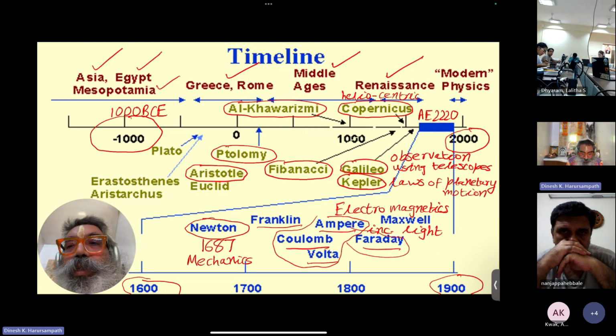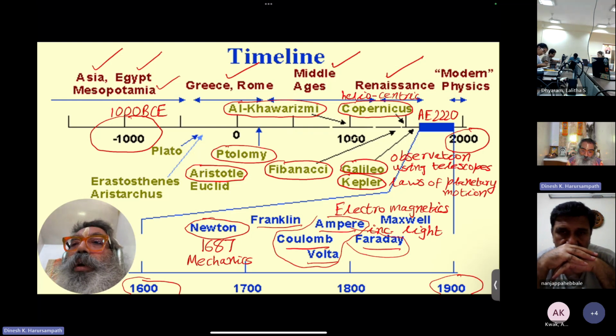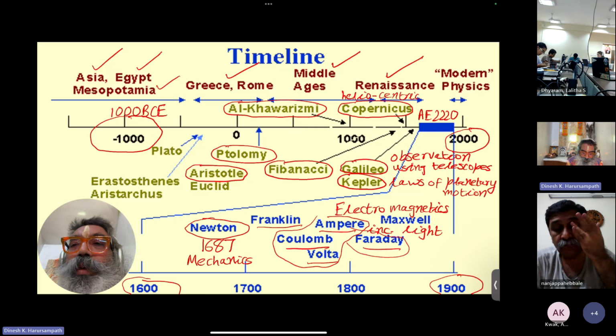I'm saying ideas because a lot of things that he did seemed like mumbo jumbo to the people who came in the 17th century, including Newton, and they thought they were kind of disproving what Aristotle had held as true for more than 1,000 years.